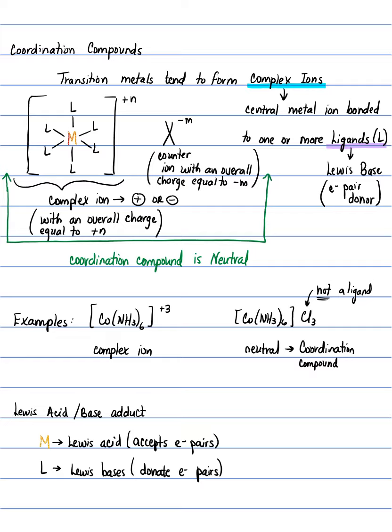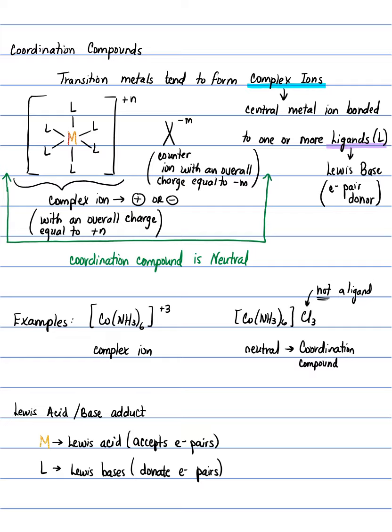We can have a different number of ligands, as we will see in a little bit. So when you have this metallic center bonded to these ligands, you might have an overall charge. That overall charge will make this complex a complex ion.